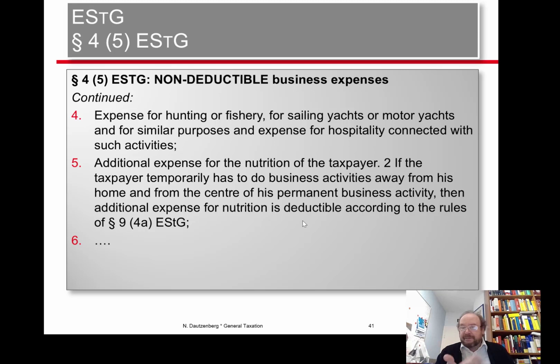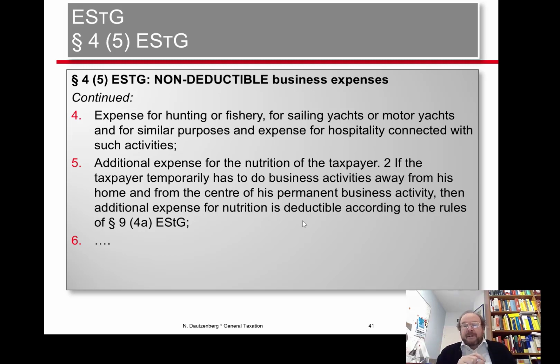I can't cook myself something, and so I have necessarily additional expenses which I would never have if I were not on the business travel. And so somebody argued successfully decades ago in court that naturally not a part of the meal expenses is private, but the fact that this meal was far more expensive than it would have been without the business travel, that this exceeding amount is entirely caused by business.